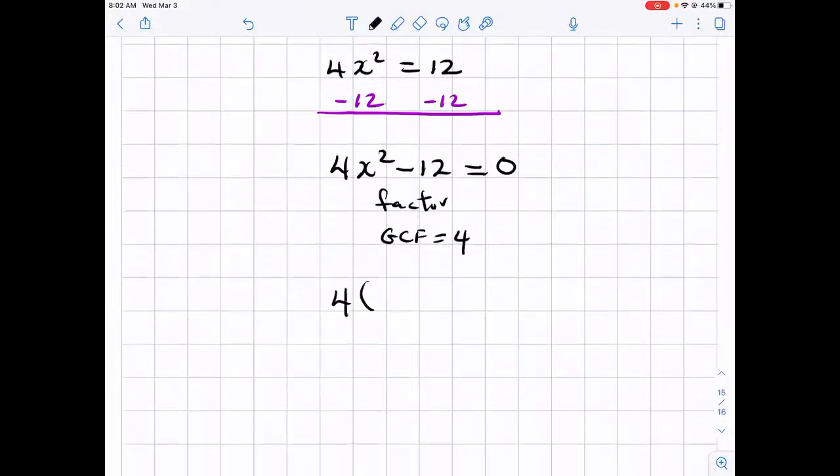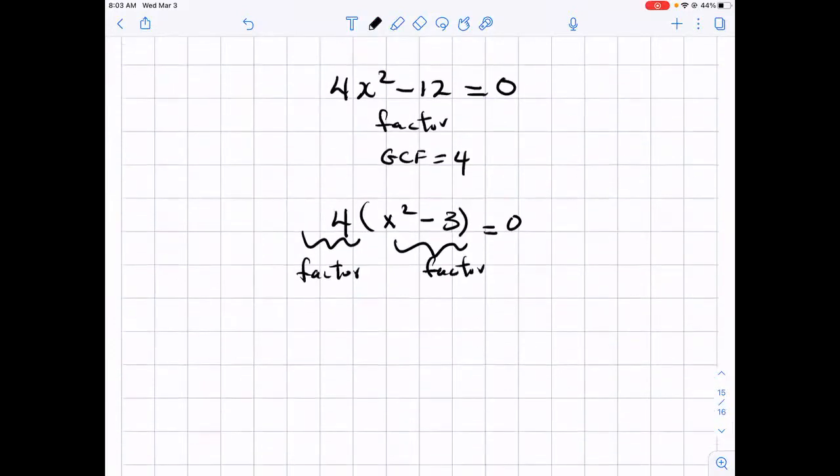If you take out 4, we have 4 times x squared minus 3, equal to 0. Each one of these is a factor. So we set each factor equal to 0: 4 equal to 0 and x squared minus 3 equal to 0.